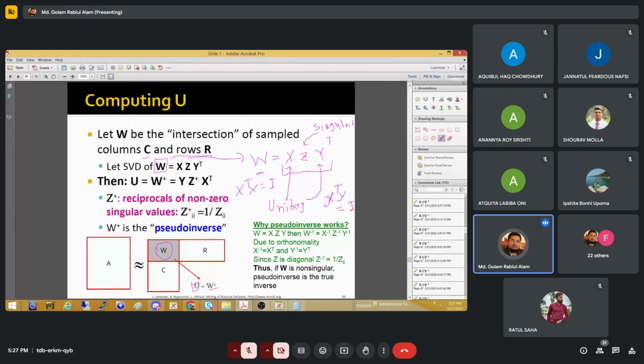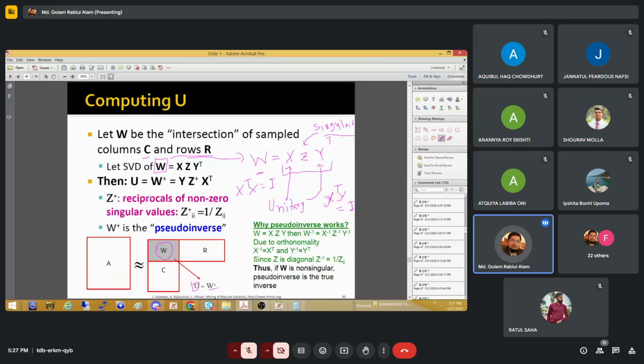X and Y are also orthogonal, so we have two orthogonal matrices, and also the singular values in G. So this is our W.